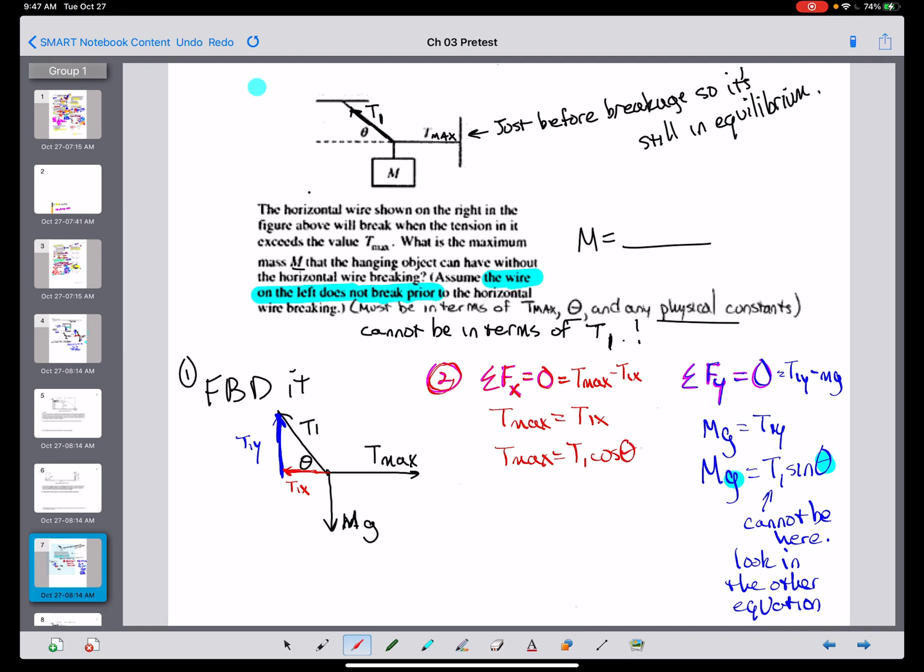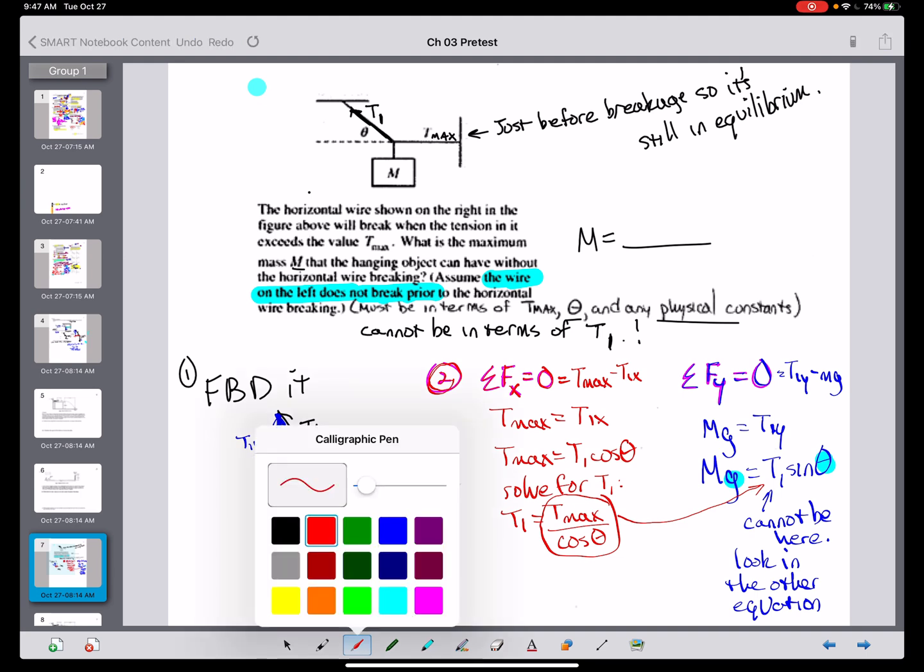So let's solve for T1, and we get T1 equals T max over cosine theta. Take that and shove it right in there in T1, and we get a final answer.